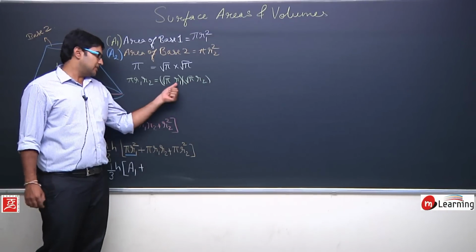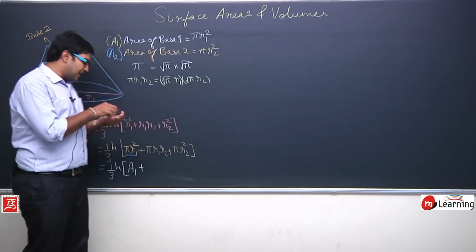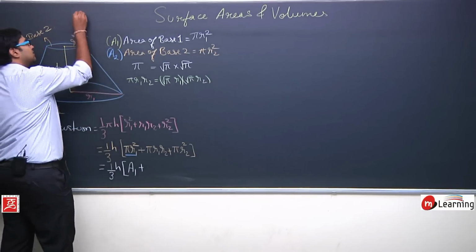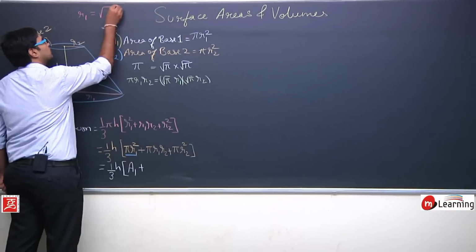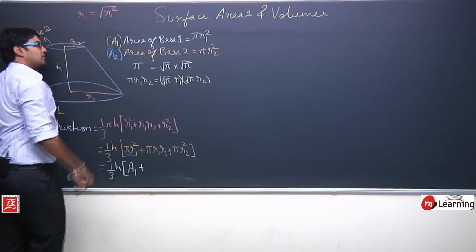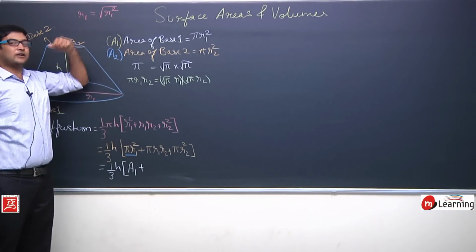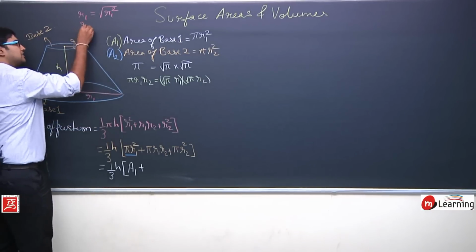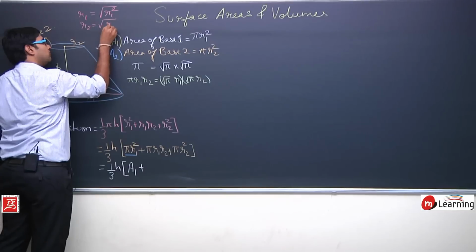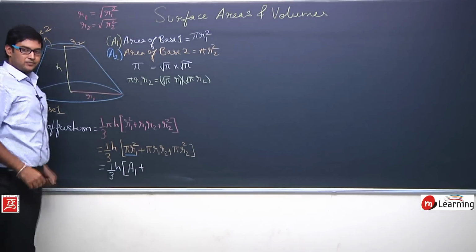Now further, this is r1. Can I write r1 as square root of r1 square? I can see these two values are similar. r1 as square root of r1 square and r2 as square root of r2 square.